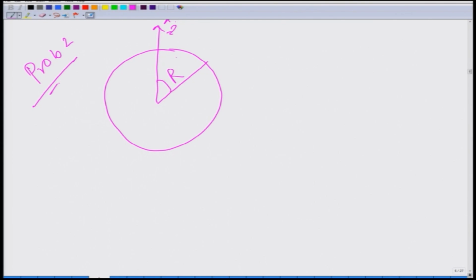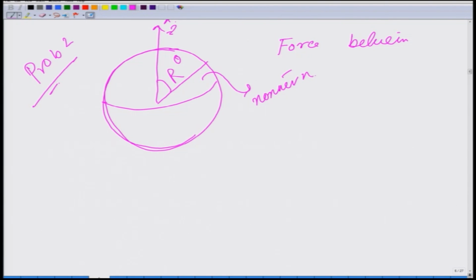Now it makes an angle theta. All right. So you are asked to find out the force between the two hemispheres, the northern hemisphere and the southern hemisphere.